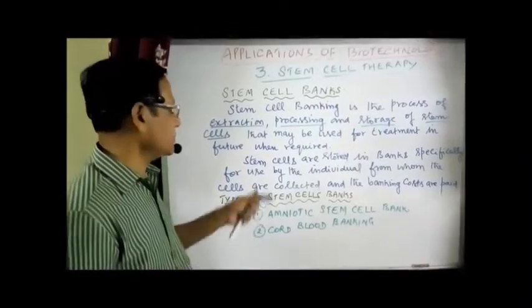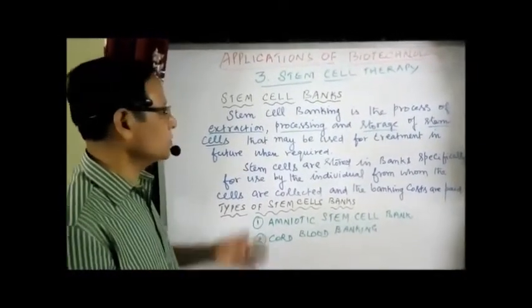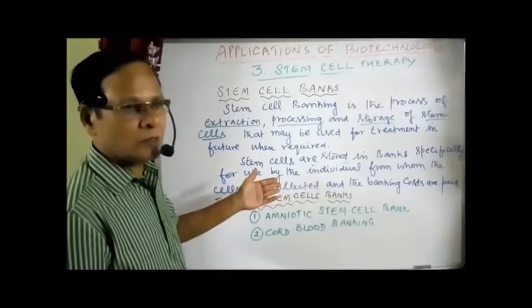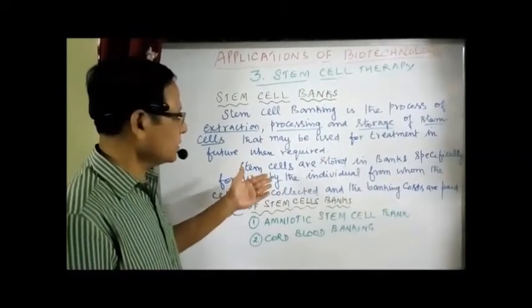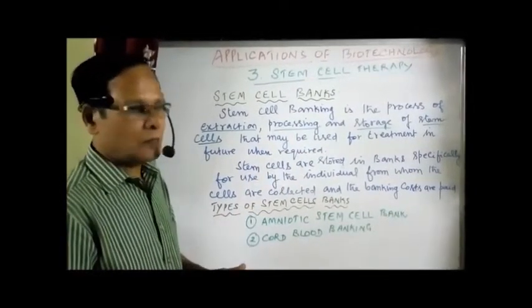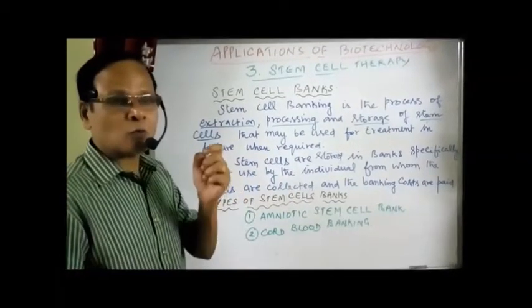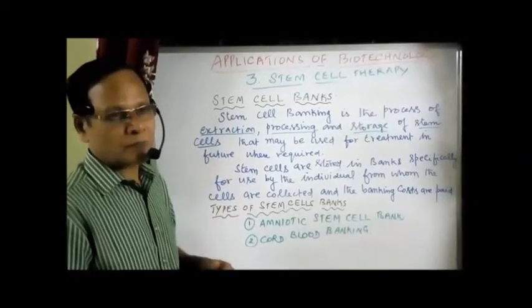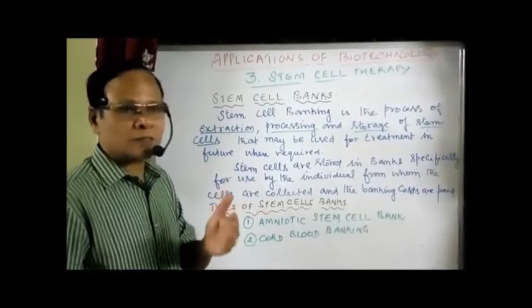For example, we can store the stem cells of the umbilical cord for about 21 years at a temperature of minus 196 degrees Celsius.